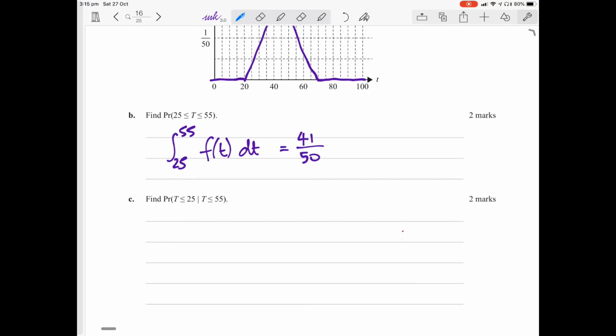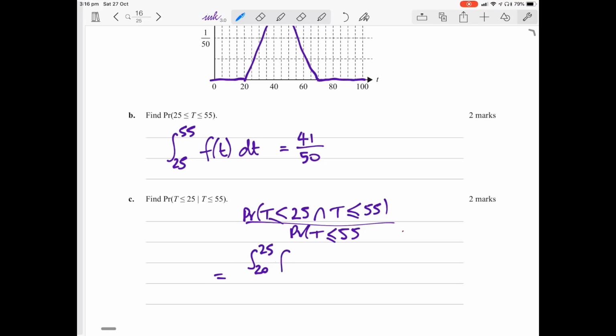Find the probability that t is less than 25, given that it's less than 55. So that's the probability that t is less than or equal to 25 intersect t is less than or equal to 55, over the probability that t is less than or equal to 55. That's the integral from 20 to 25 of f of t dt, don't forget your dt, over the integral from 20 to 55 of f of t dt.